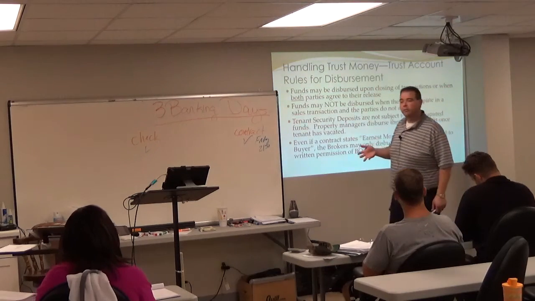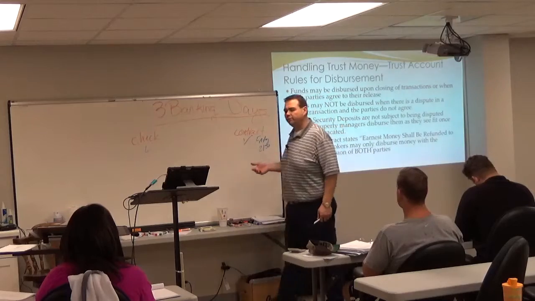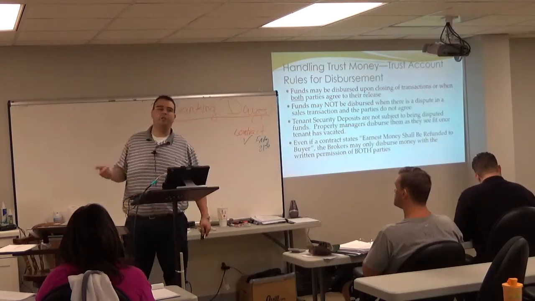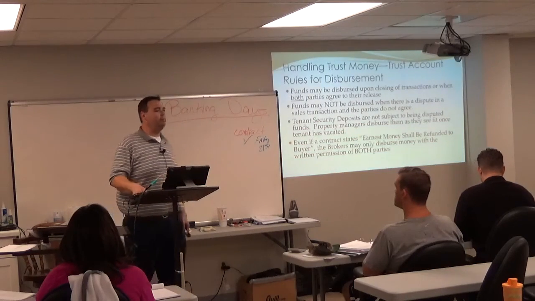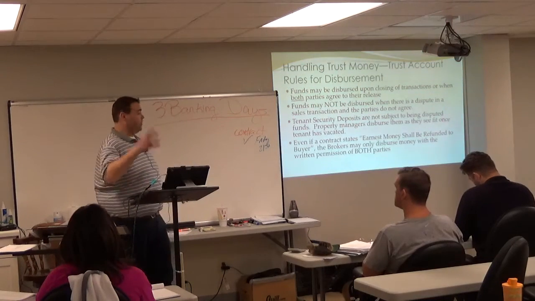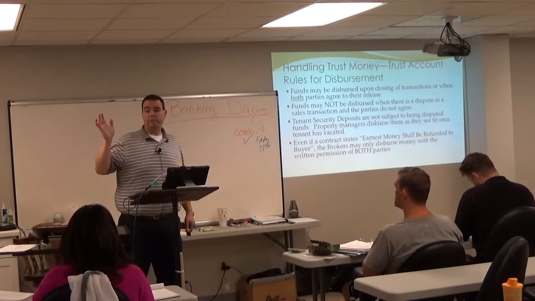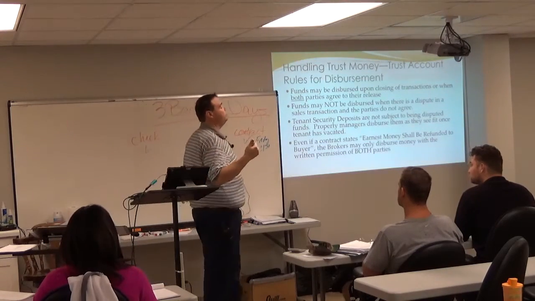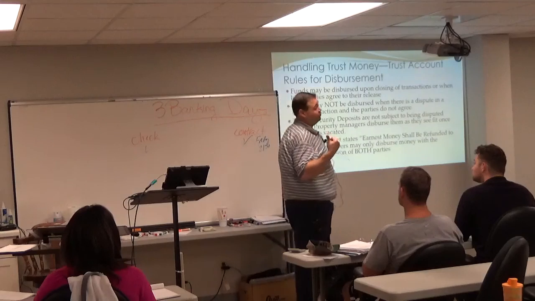It says what happens to the earnest money, for example, if the buyer terminates the contract during the due diligence period? What happens to the earnest money? It goes back to who? The buyer. If it's terminated during the due diligence period, the contract says it goes back to the buyer, right? What does the contract say happens to the earnest money if the buyer terminates after the due diligence period?